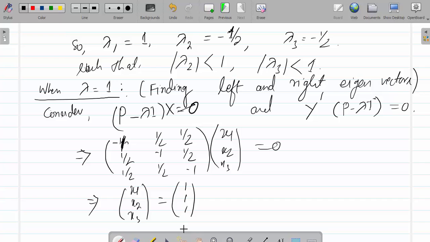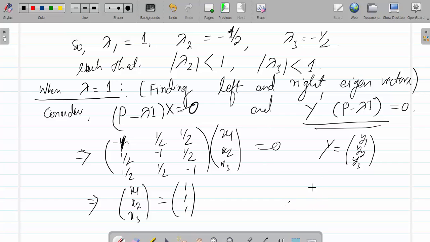Similarly, by solving this and taking y equal to y1 y2 y3, so y dash will be a row vector.